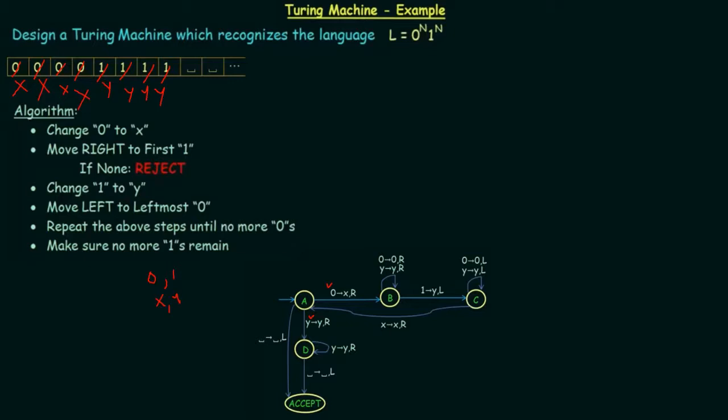So where is that one? That one is actually in the reject state. If I get a 1, it will go to the reject state straight away. And we also have one transition for the blank symbol.